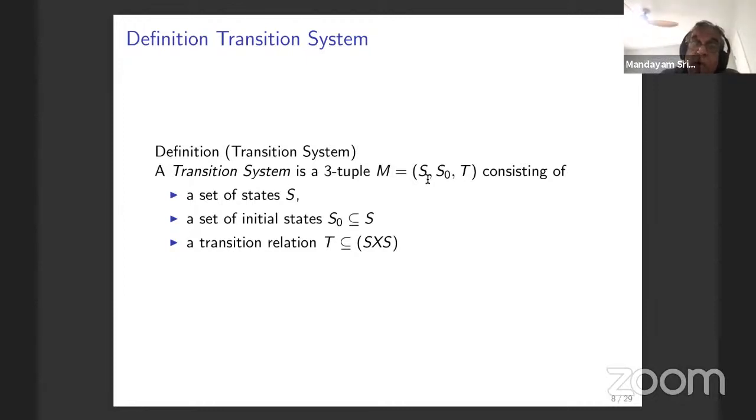Now that environment can be changing by its own set of rules. So if I include the inputs that can change as per the rules that the environment encompasses, that also is part of the system.